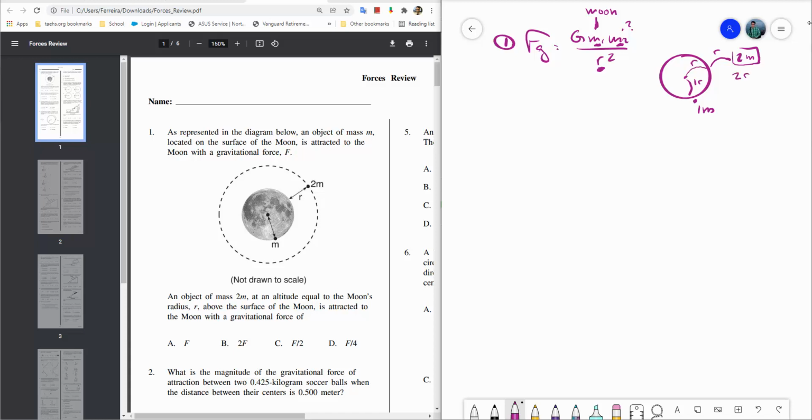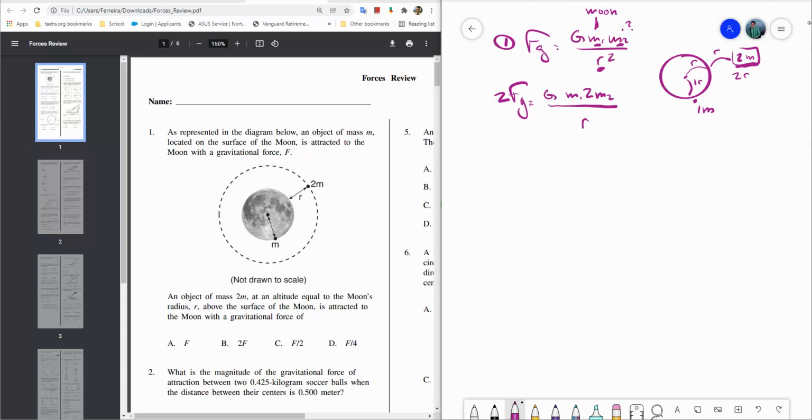If you plug in these values into the equation, you'll see that the force of gravity is equal to the universal gravitational constant, m1, which we defined as the moon in this case. Doesn't really matter if it's the first or second, we just pick one. And m2, this mass in orbit, is 2m. So since it's twice the mass, it's going to be twice the force. But now don't forget about the radius underneath.